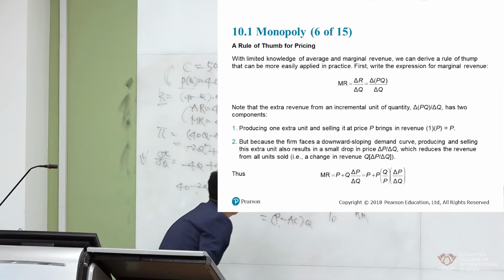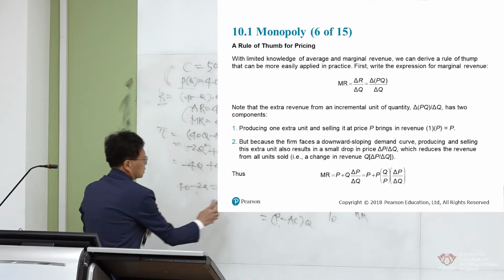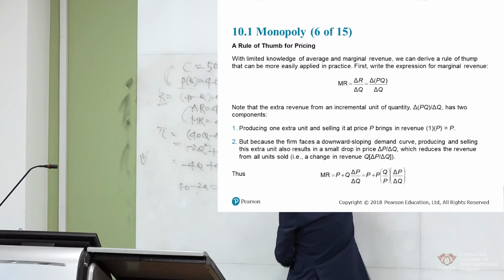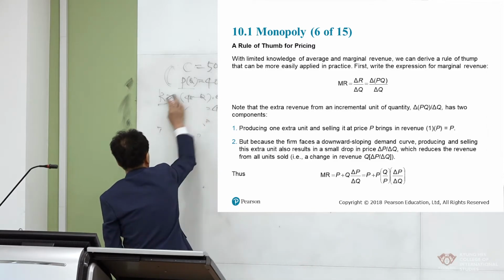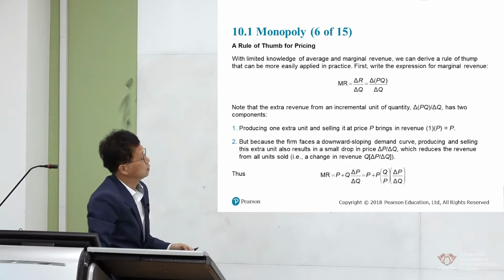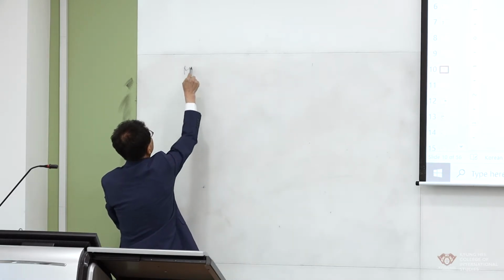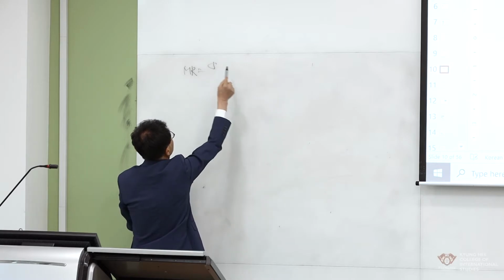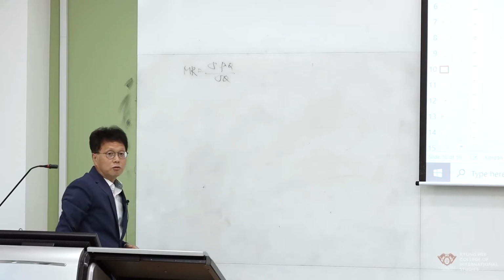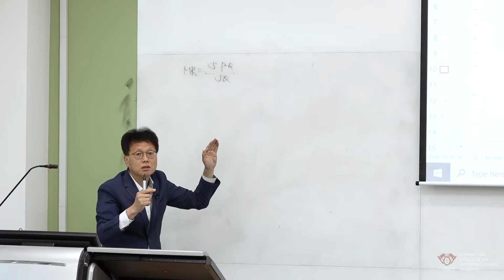Marginal revenue. Okay, I'd like to explain. So now think about what marginal revenue is: change in total revenue, that is PQ, divided by change in Q. When the market is perfectly competitive, price is just a constant number.